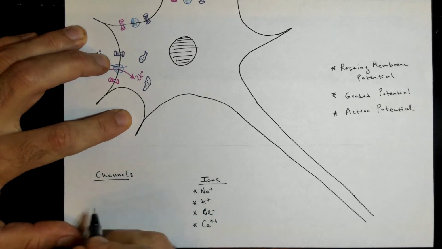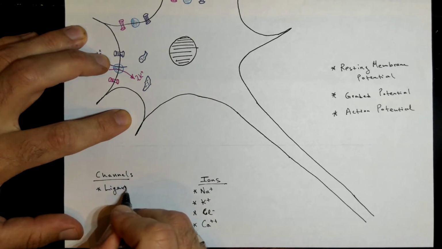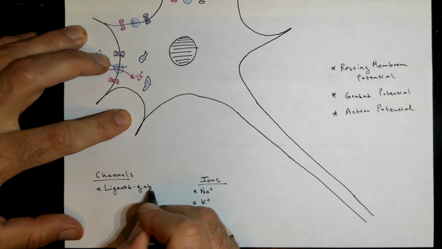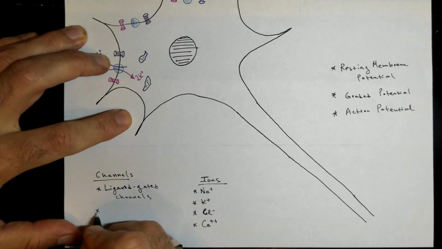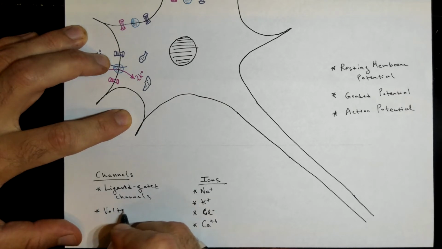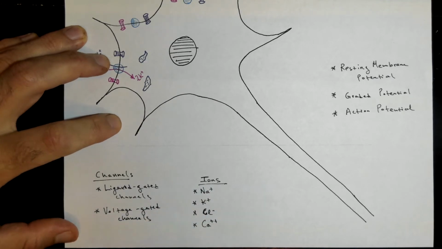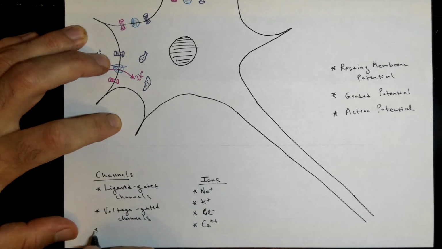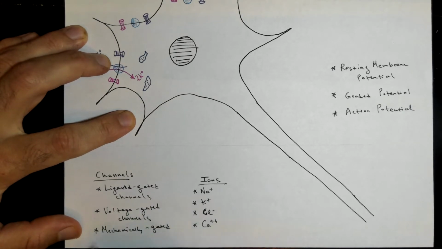The channels that we're going to look at are going to be the ligand gated channels, also the voltage gated channels, and we may also see the mechanically gated channels and leak channels.